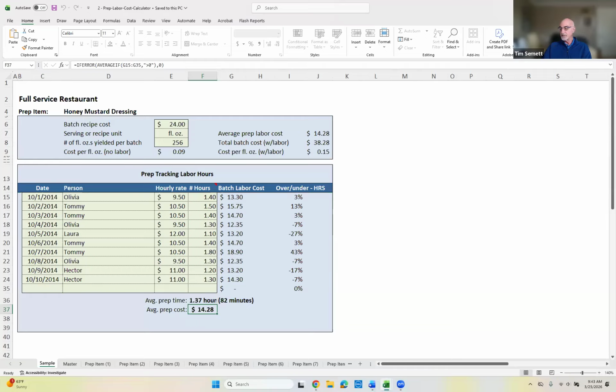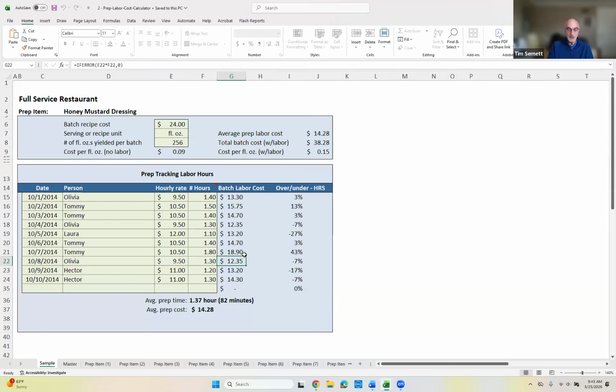However, if we look at this a little closely, we can see that the actual lowest cost is, where did that go? It's Olivia at $12.35. And even though she takes longer than Laura, at a lower labor rate it's a lower batch cost.